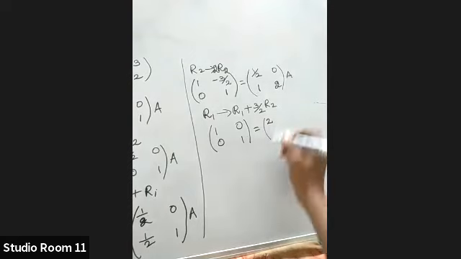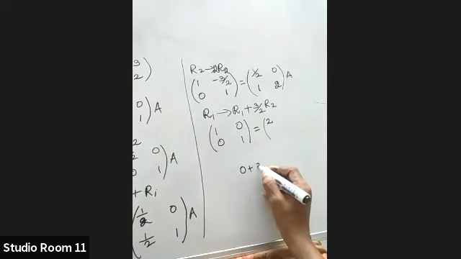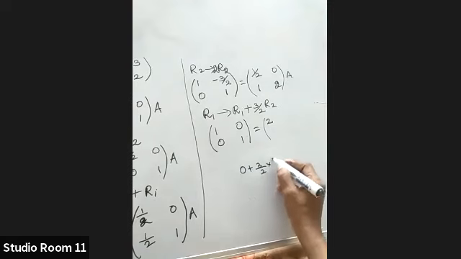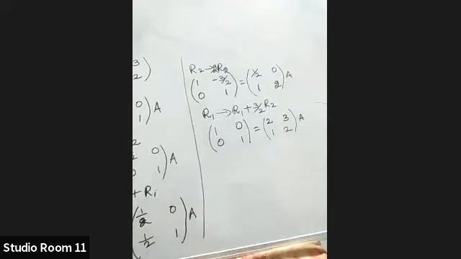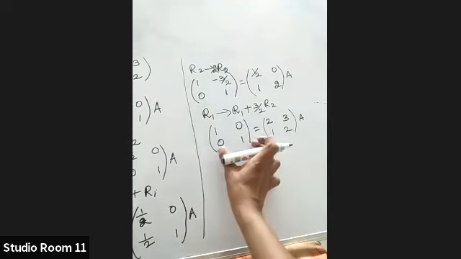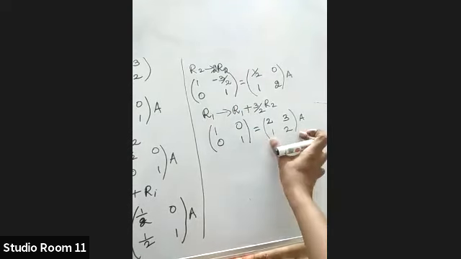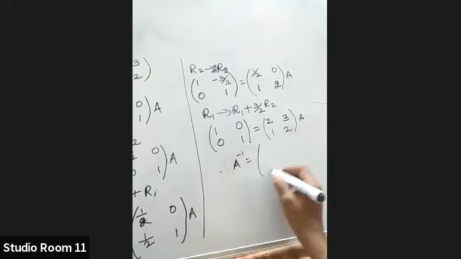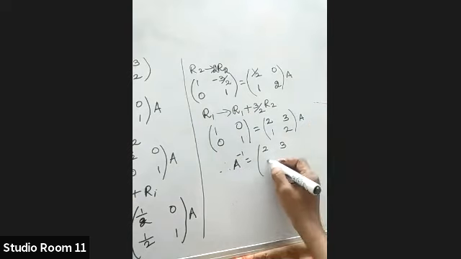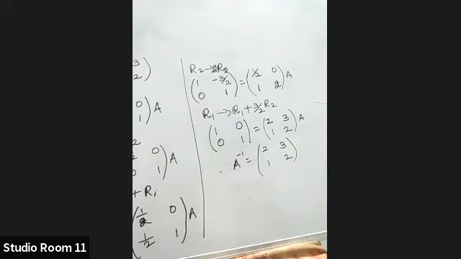Similarly, for the next one, 0 plus 3/2 into 2, the 2 will get cancelled and we get 3. Second row, no change. Only the first row is changing. So we get I equal to A inverse into A. Therefore, A inverse is 2, 3, 1, 2.